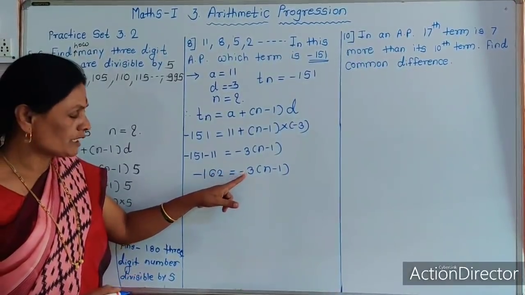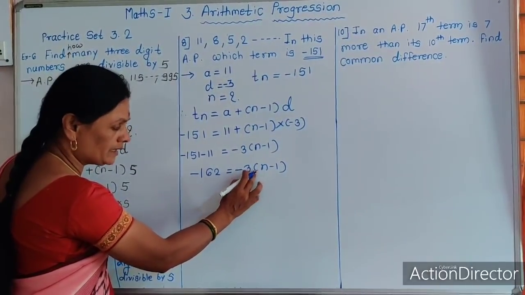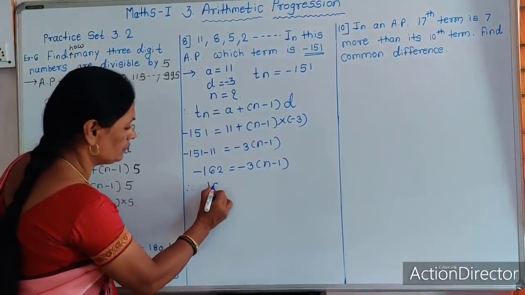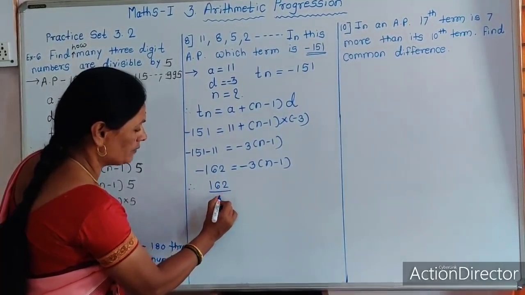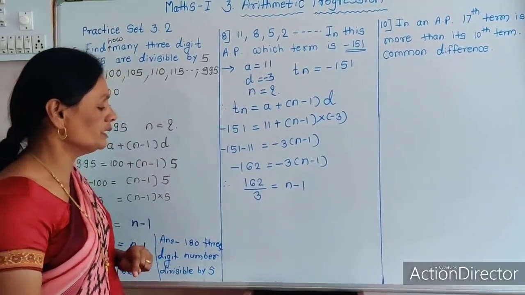The minus signs on both sides cancel. The 3 that is multiplied here becomes divide. 162 divided by 3 is equal to n minus 1.